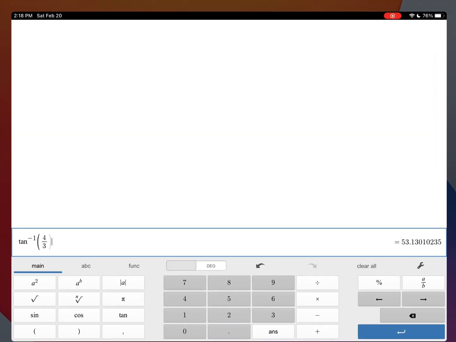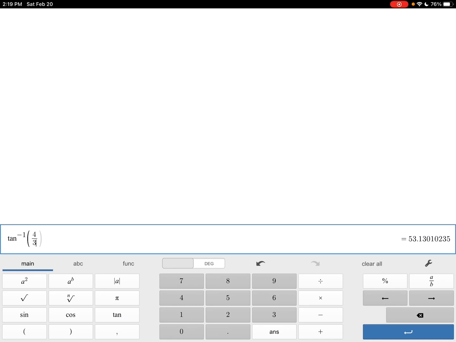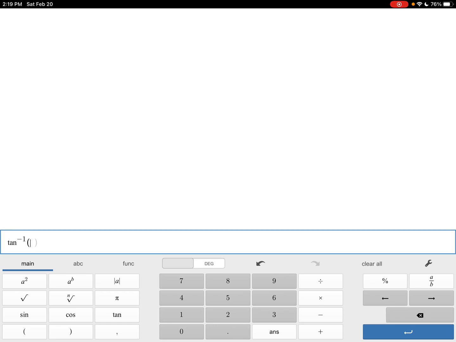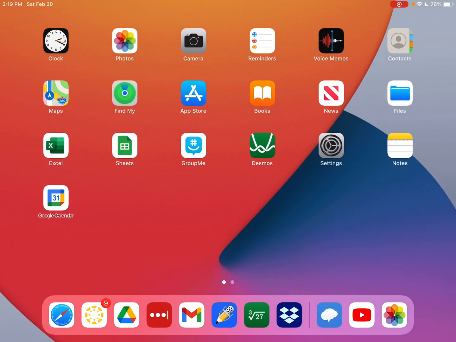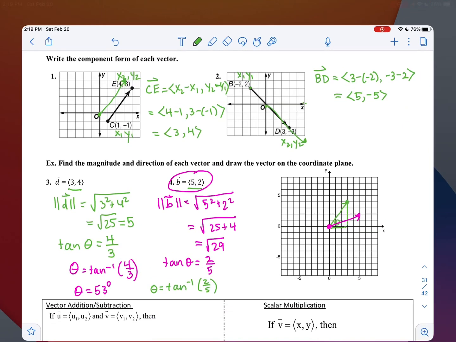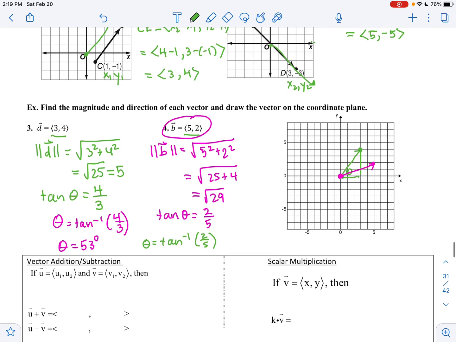Inverse tangent of 2/5. So again, you can just adjust your fraction inside here. And we get 21.8. I don't believe it says how to round, but if it says to round to the nearest degree, we would say 22 degrees. Approximately 22 degrees.